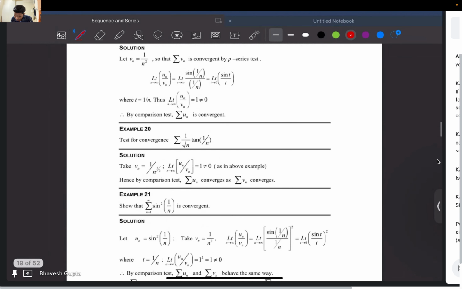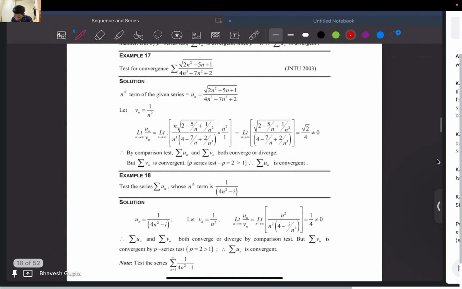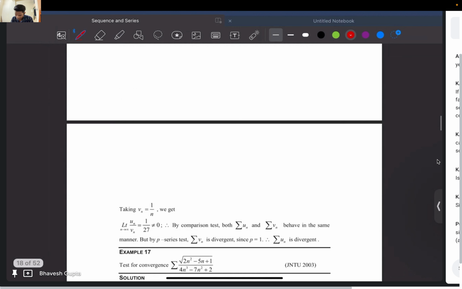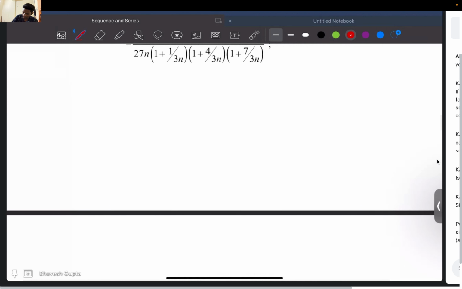There's one important tool which I want to mention, that is called the sandwich theorem. You can use the sandwich theorem in this case. Let's say you have sequences un, vn, wn.